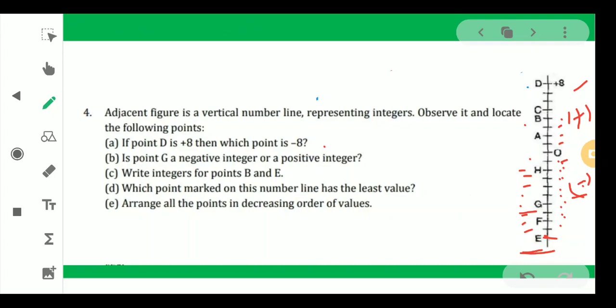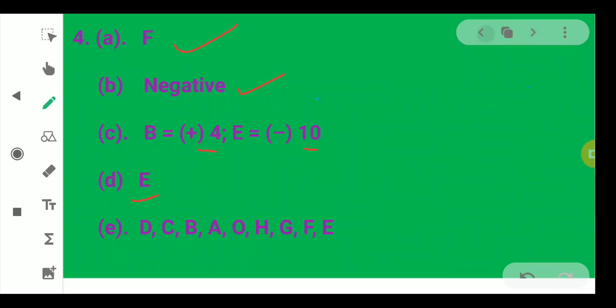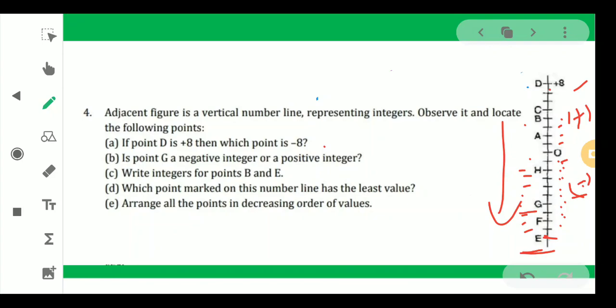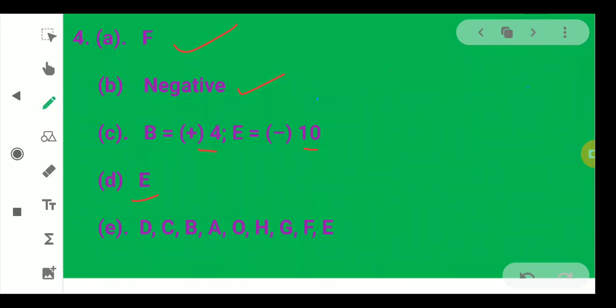So we will see the alphabet at the topmost positive side, then from there we will move down. So we can go like this. We can see here the order is this way. You can see first D is the biggest one, then C, B, A, H, G, F and E.